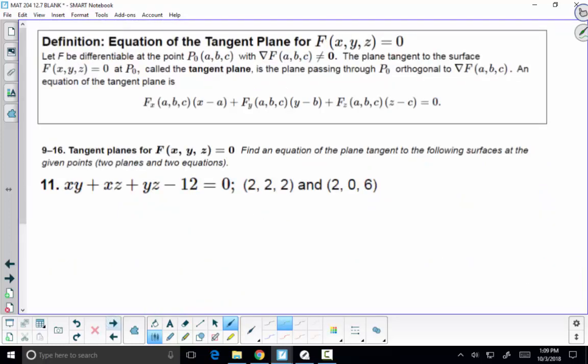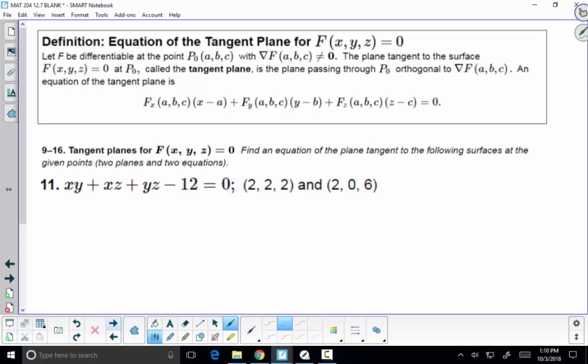Okay, so this is what we just said. We just said let the surface be defined implicitly. So for an implicitly defined surface, we're thinking capital F equals 0. So we're just thinking the same exact example I just put on the board. X squared plus y squared plus z squared equals 1. So that's a surface.